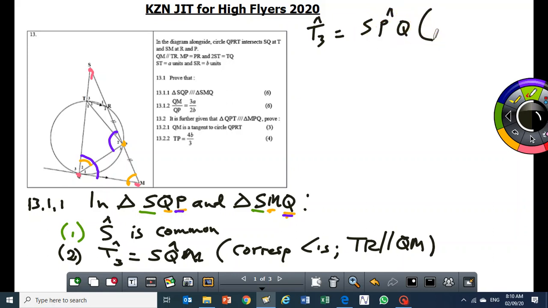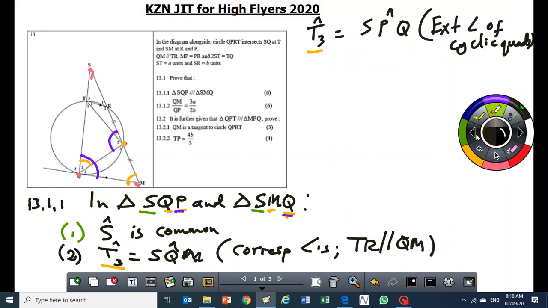And your reason there: exterior angle of cyclic quad. Since we now have this and we have got that, it therefore means that the right hand sides are equal. Therefore, SPQ is equal to SQM.